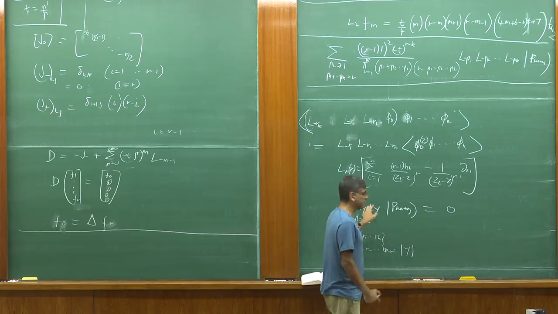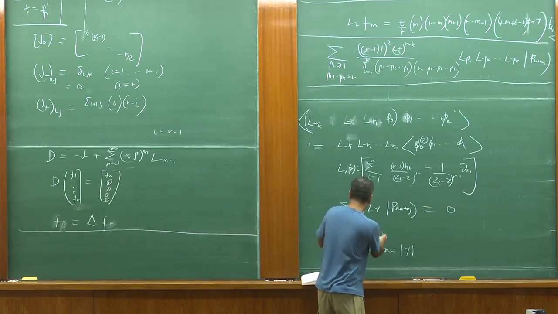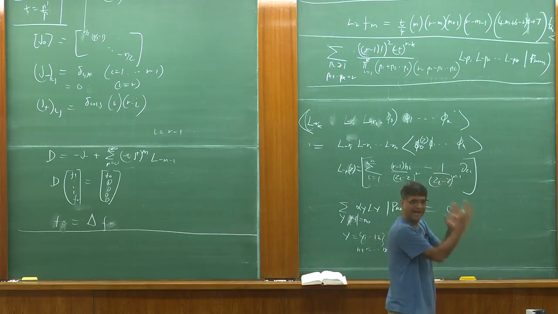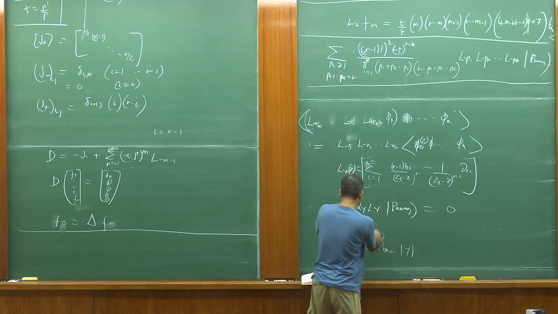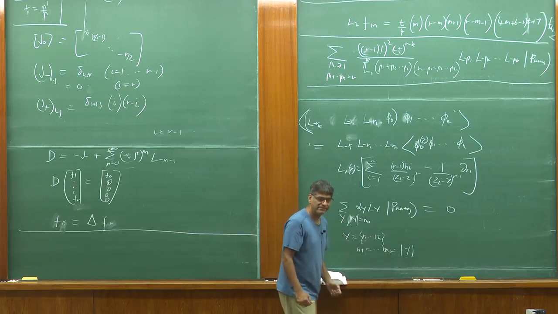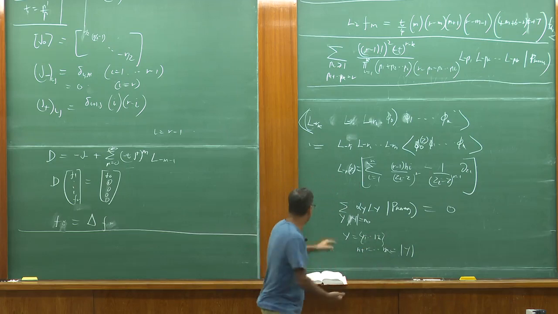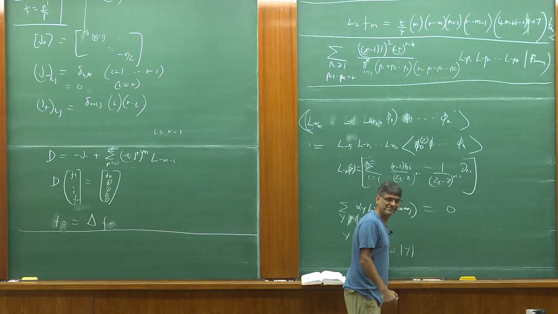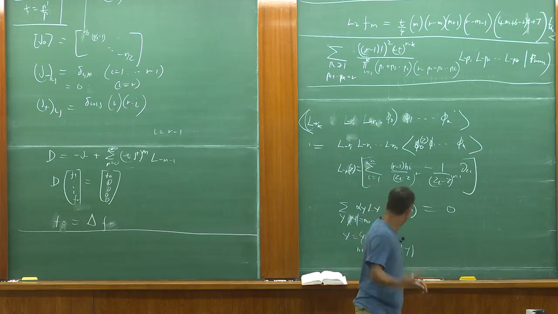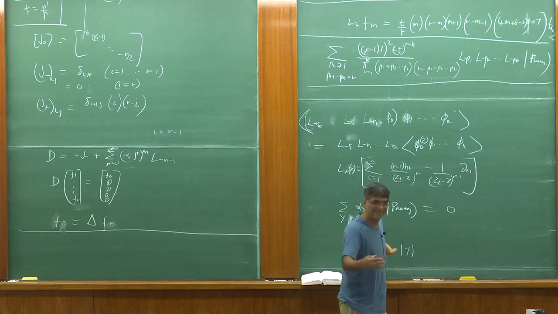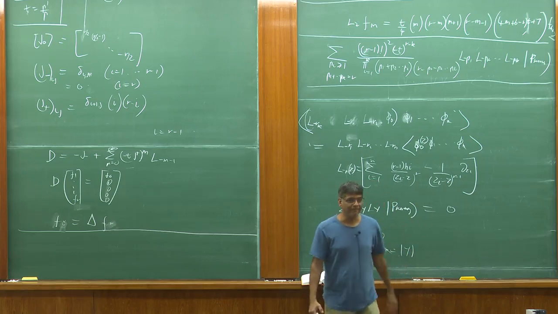Okay, and alpha y times Ly tells you that if you have R1 to Rk, you will have L minus Rk, L minus Rk minus 1, and so on, with some coefficient. Is this clear? So when I give you this y, Ly is the product of L's with these numbers, L minus Rk, L minus Rk minus 1, and so on. And then the coefficient of that is some alpha y.